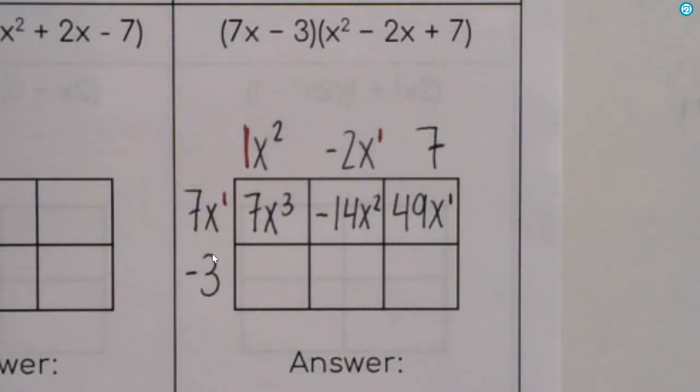Okay, checking the top row of our table together. I got 7x cubed minus 14x squared, and then positive 49x to the first in my top row. Okay, now multiply the bottom row.